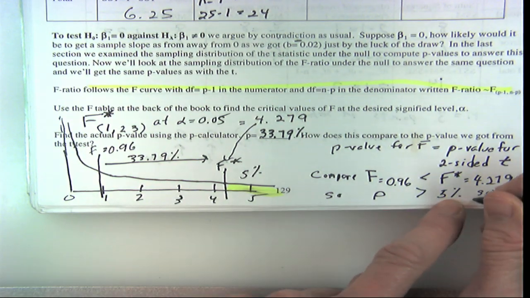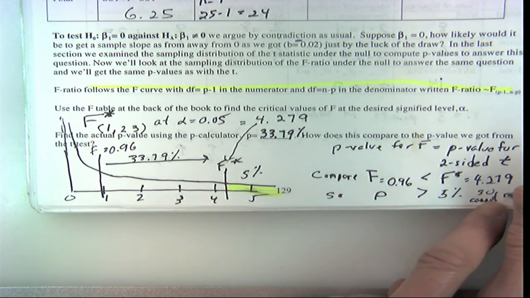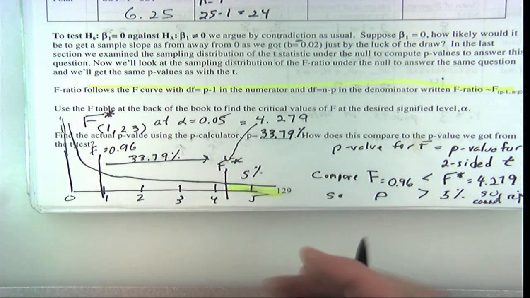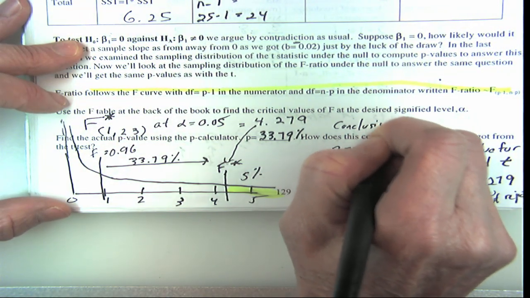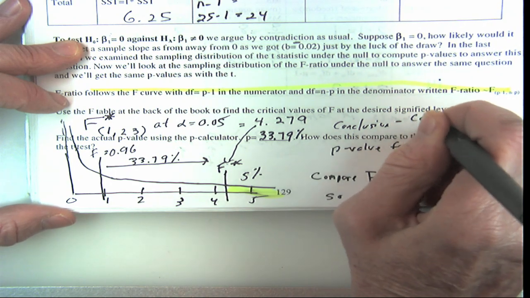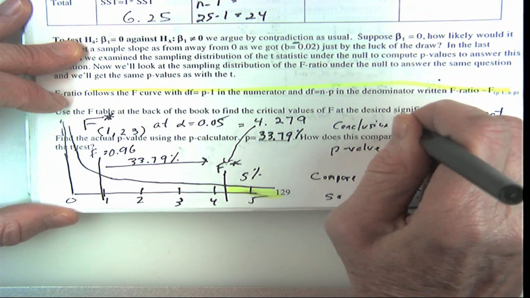So cannot reject null. I'll put it up here. The conclusion is cannot reject null, and we'll look at it again.